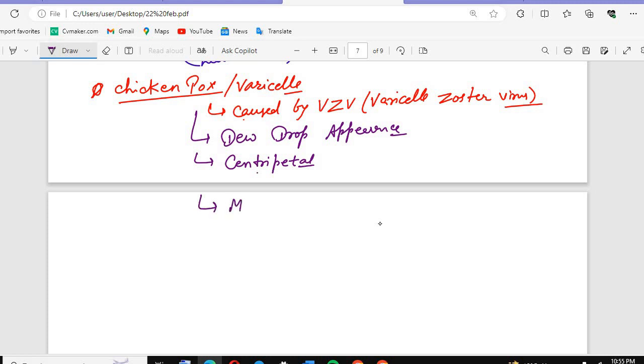Along with that, maculopapular rash, which will be seen in all conditions. Here we have the maculopapular vesicular rash, because it is caused by varicella, and they cause vesicles. So the vesicular rash will be there.